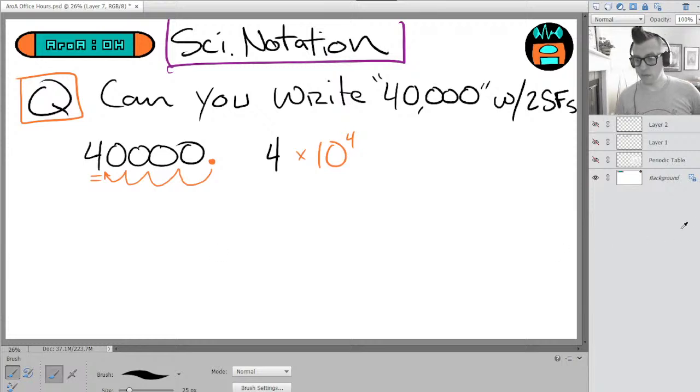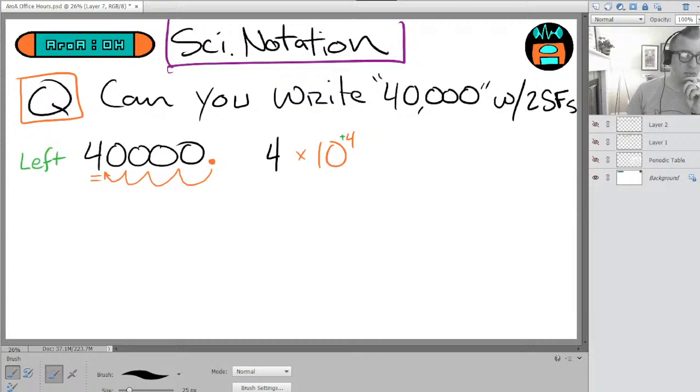Again, we are moving our decimal left, which is why our exponent has a positive value. So 40,000 in scientific notation would just be 4 times 10 to the 4th.